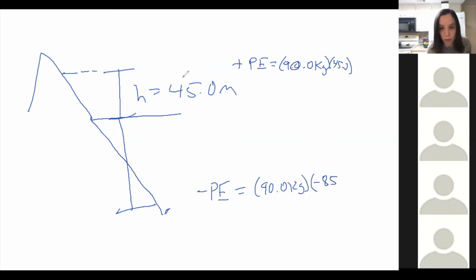This would be 45 above, 45 below, so it actually wouldn't be 85 there. Oh, so it's still just 45 for the second equation. Well, is that right? Let's see. So if he went up 45, now he's 85 above, then he goes from there to 0, and that would be what, 40, right? From here to here? Yeah. So you would be going down negative 40.